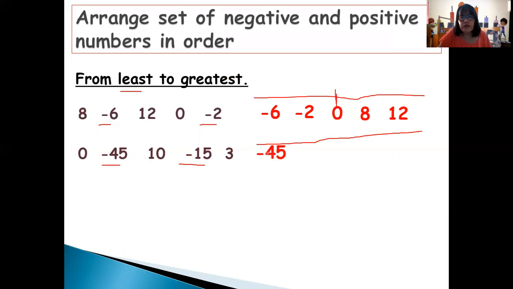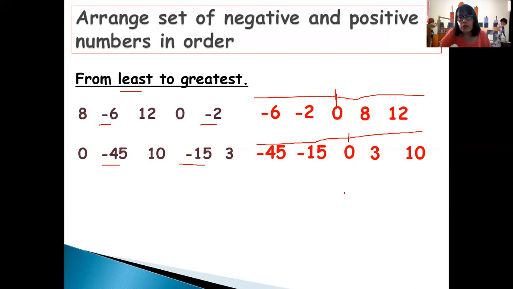Then -15. Of course, now we don't have negatives, then we need to take the 0. Don't forget, 0 won't be the first or at the end. Now we have 10 and 3. What is after 0? Yes, 3. And then 10. So this is already arranged from the least to the greatest. Do you understand?